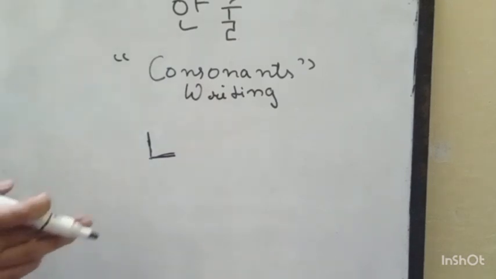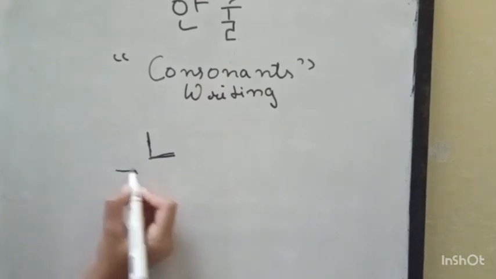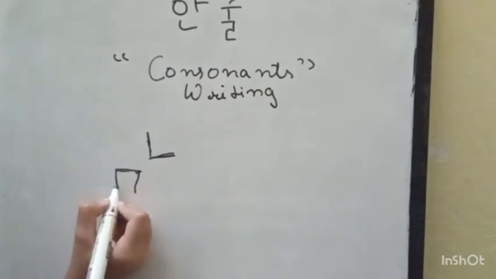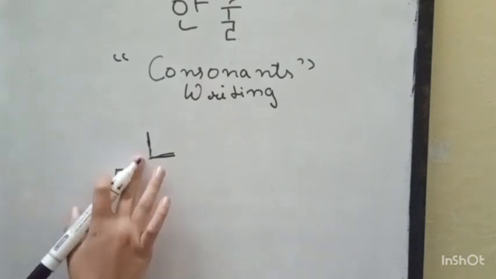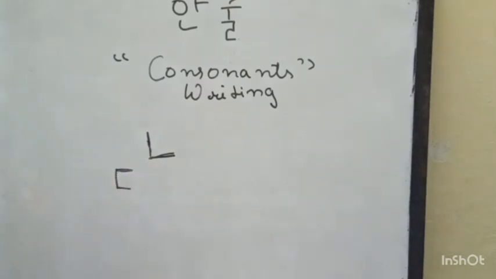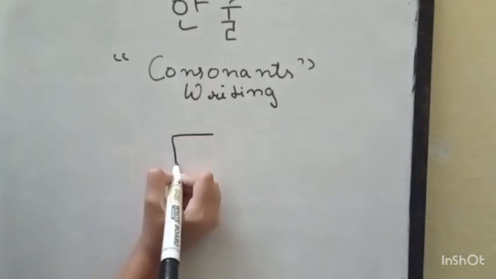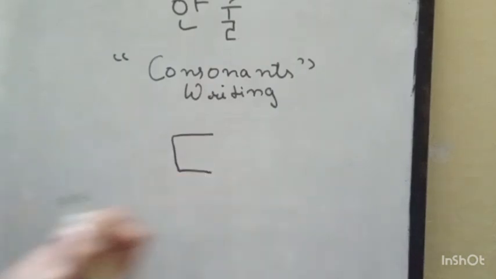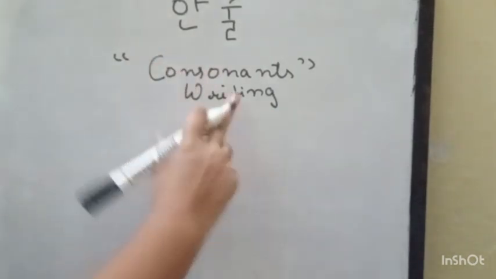Now it is time for D. D is a box, just with one line missing. It is like this. If you want it more nicely, I will show you. First this line, then this line, then this line. I'm telling you that writing Korean consonants is too easy.